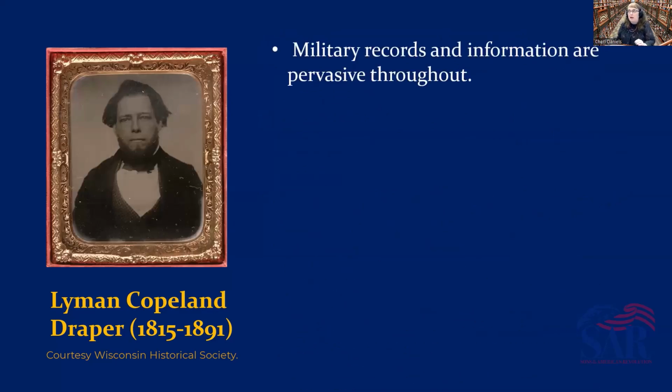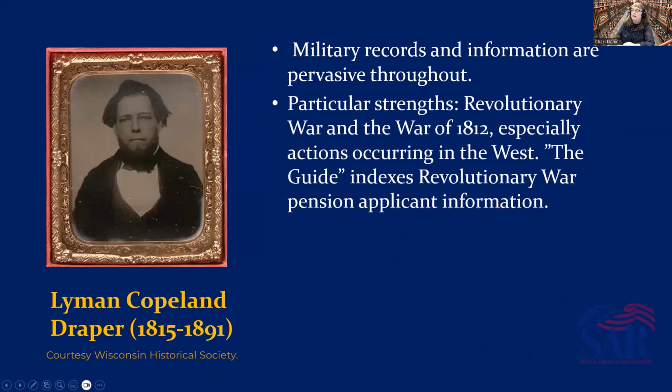So military records and information are pervasive throughout this collection. And again, his particular strengths here are Revolutionary War and War of 1812, and especially the actions occurring to the West. Now, when we think about the West, at that time, Kentucky was definitely part of the West, Ohio, Indiana, Tennessee, all of these areas are definitely going to be considered the West.